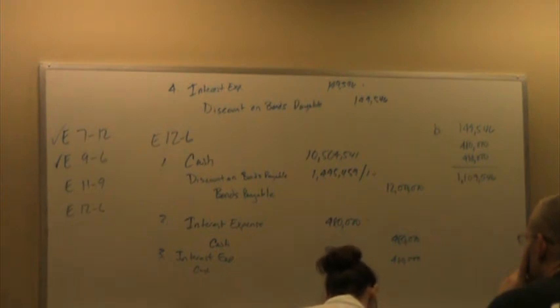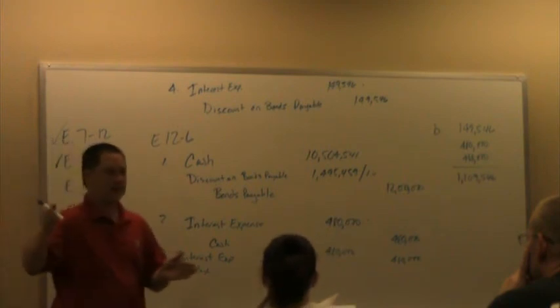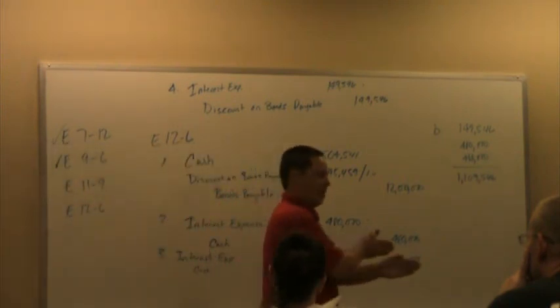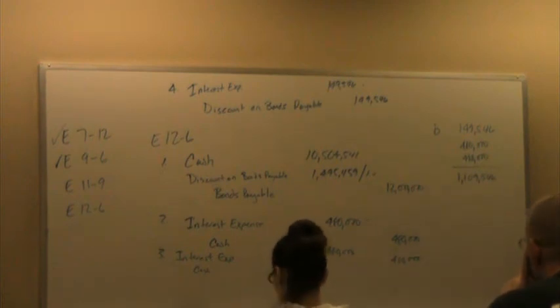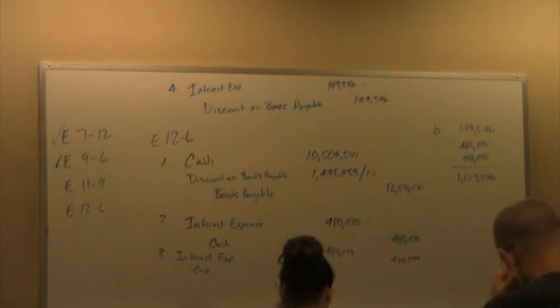Why would you purchase an 8% bond when I can get 10%? So you've got to discount it so that it makes it worthwhile for me. And so that's the reason why it's a lot less. So that's how you would explain that. We'll write that down, something like that.